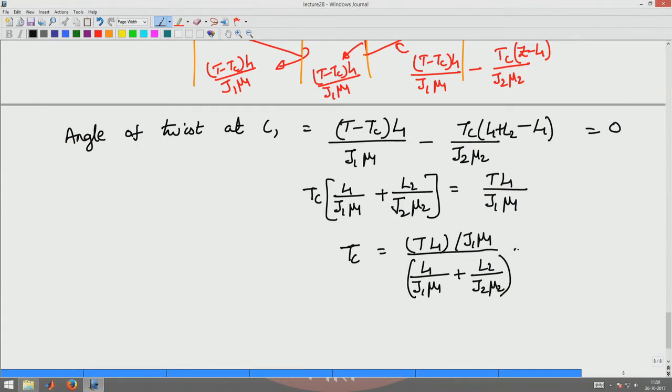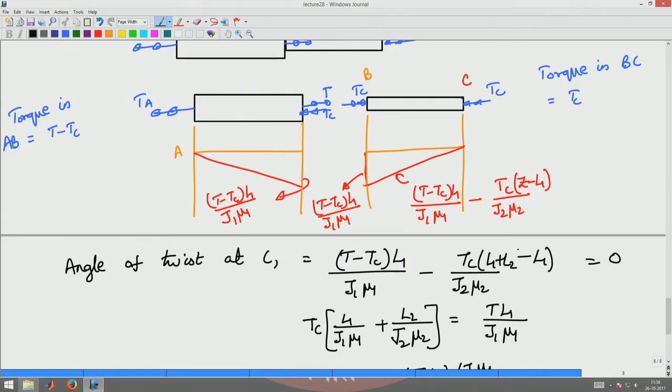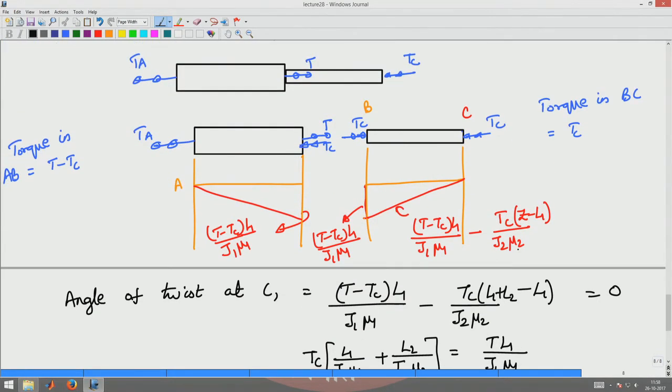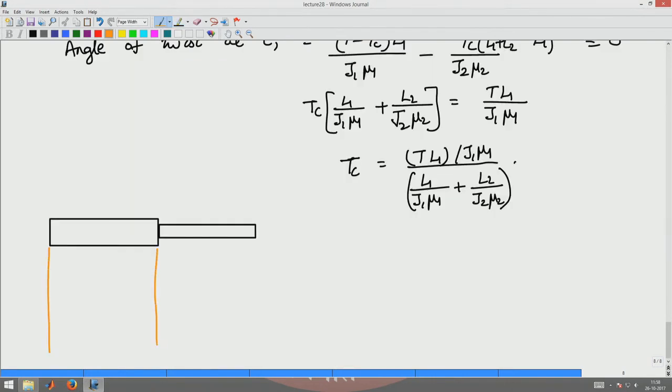Okay. So we have drawn the angle of twist diagram here. Combining these two diagrams, superposing these two, you will get the angle of twist diagram for the entire member. Now the torsion diagram would be the following.